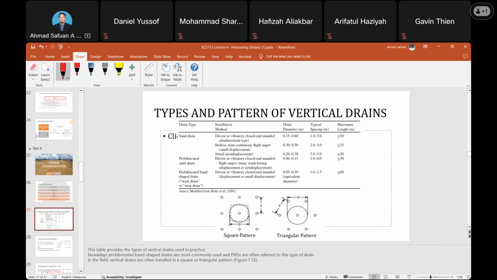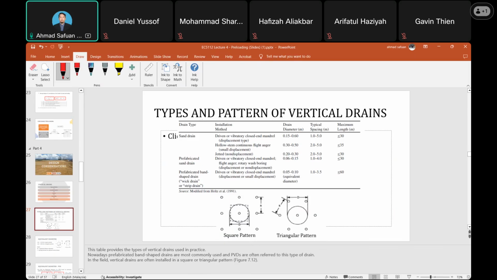Then we have a prefabricated sand drain. Driven or vibratory closed-ended membrane, flight auger in terms of installations, rotating wash boring, because we install a sand drain inside the hole.